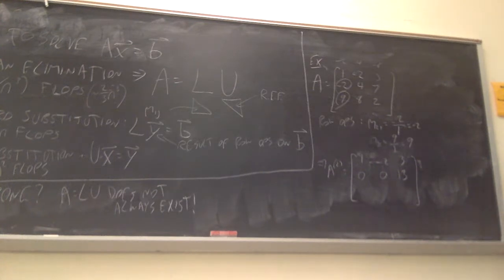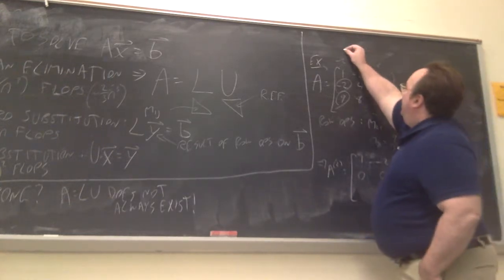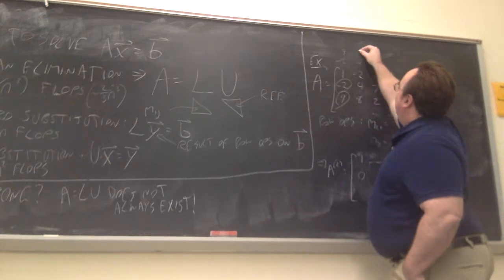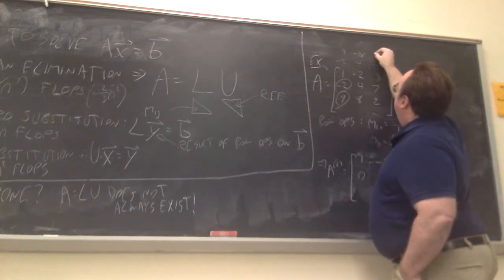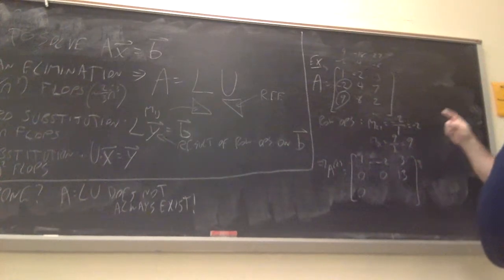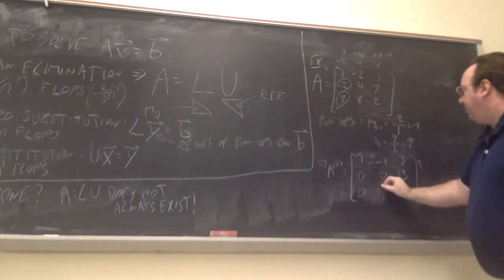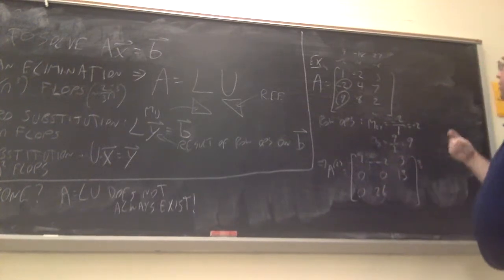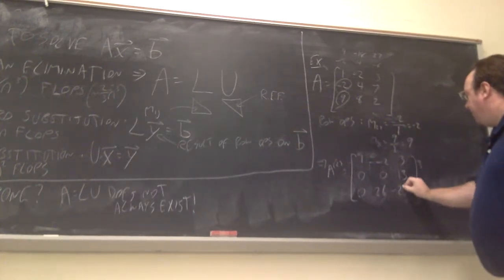And yes, this is unlucky indeed. That part I didn't plan. And then 9 times the first row, so 9, minus 18, and 27. So we have 0, 8 plus 18 is 26, and 2 plus 27 is 29.